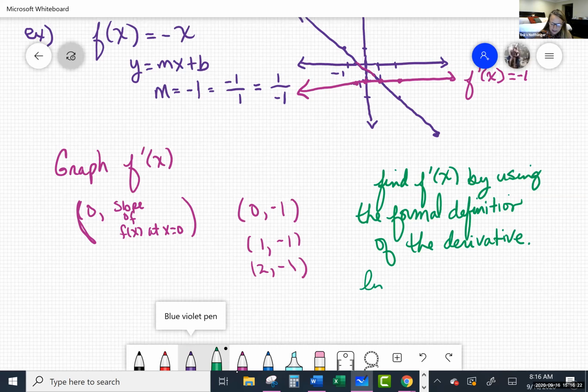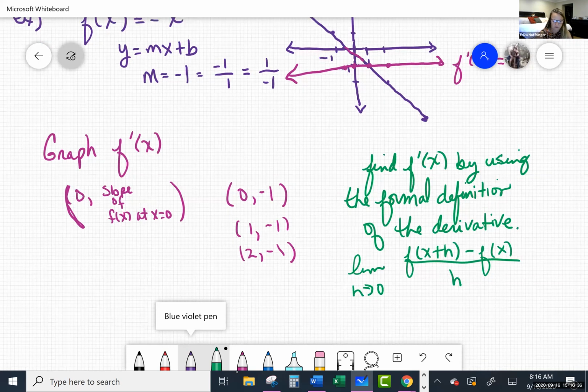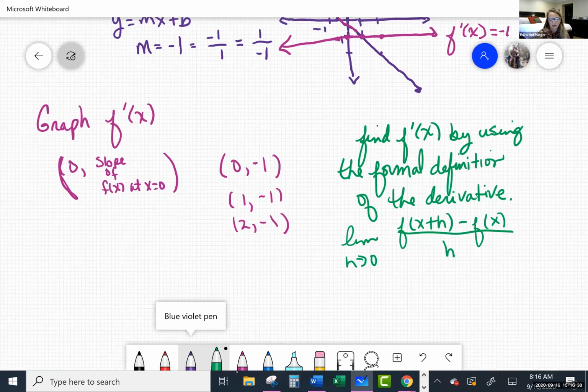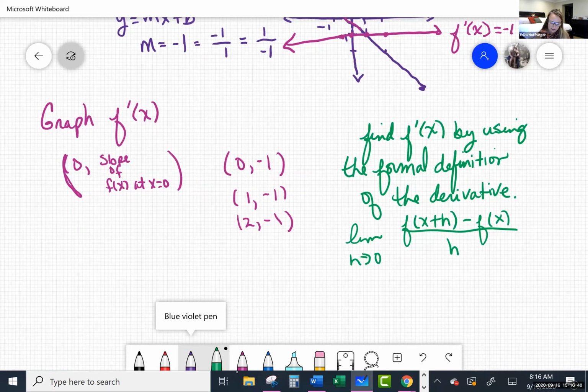Which again is the limit as h is approaching 0 of f of x plus h minus f of x all over h. So limit as h goes to 0.